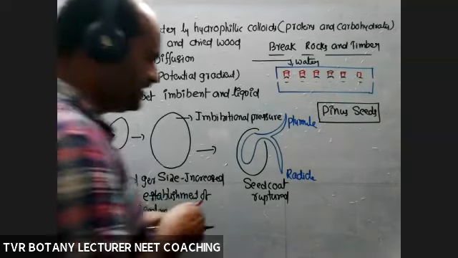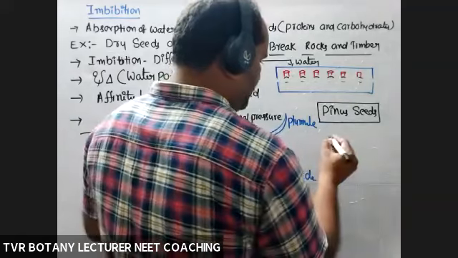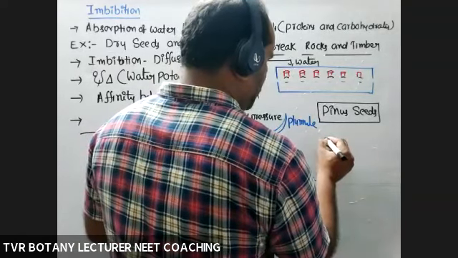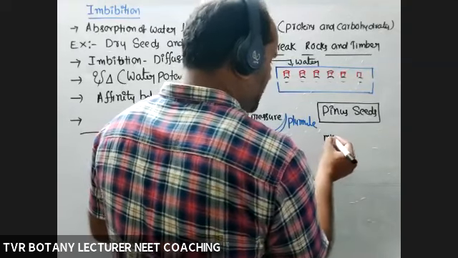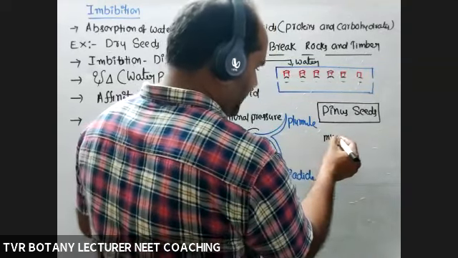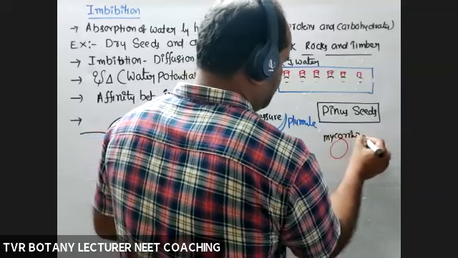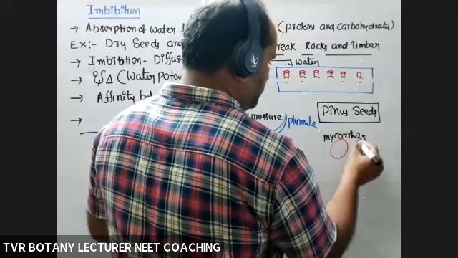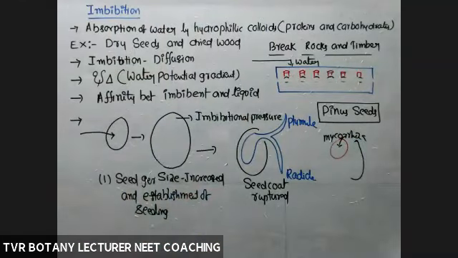For example, this is a pinus seed, and around this is mycorrhiza, well known to you. Mycorrhiza means the association between fungi and root system, or simply here, a number of fungi. That mycorrhiza is able to absorb water, and that water is supplied to the seed. There also the phenomenon is imbibition only.